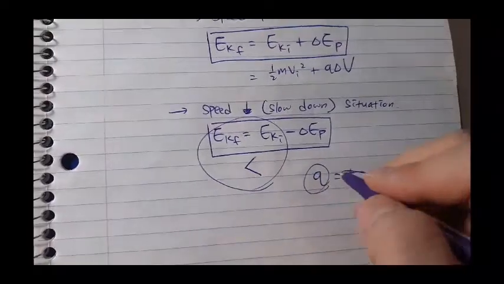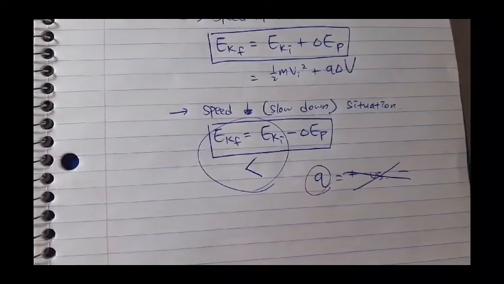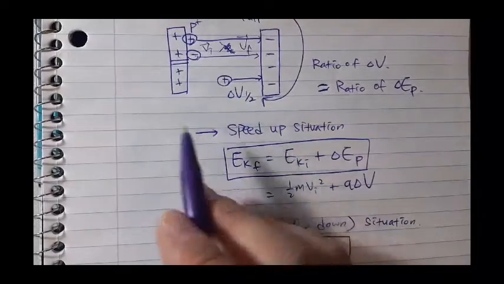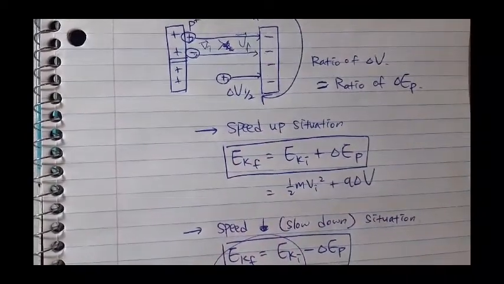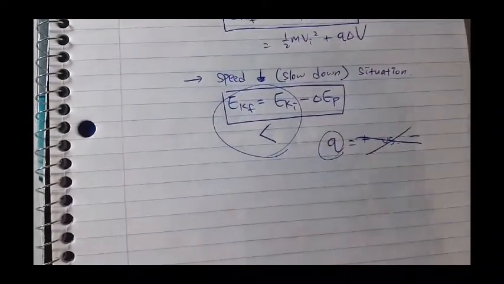Even for the Q value, think of everything as an absolute value because that will help you more. Your first step, the drawing step and vector diagram, should inform you whether it's speeding up or slowing down. That's something I want to point out.